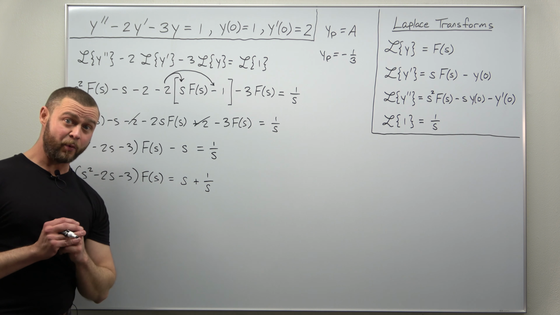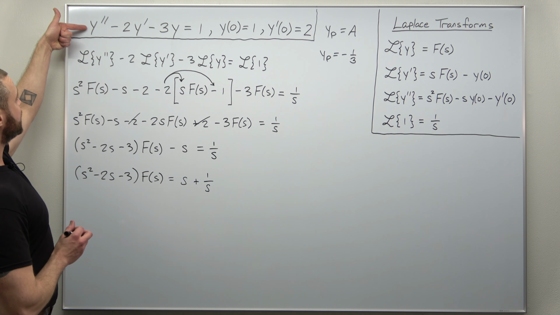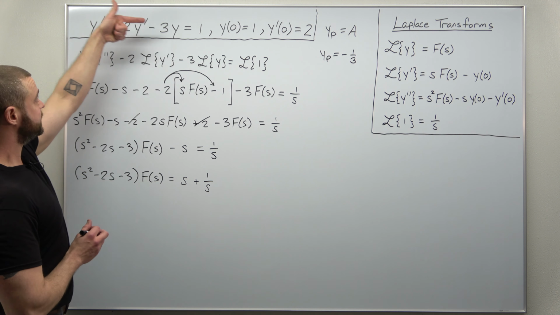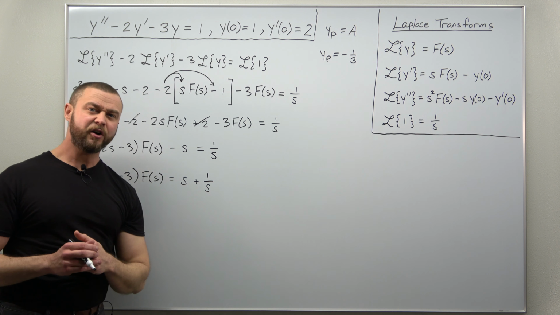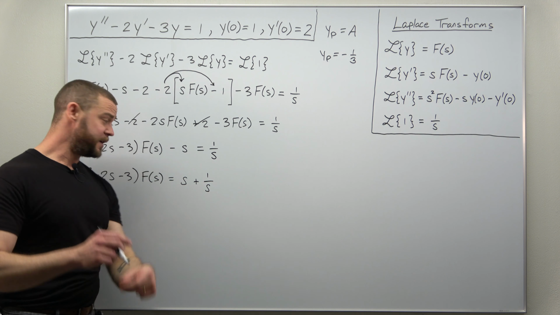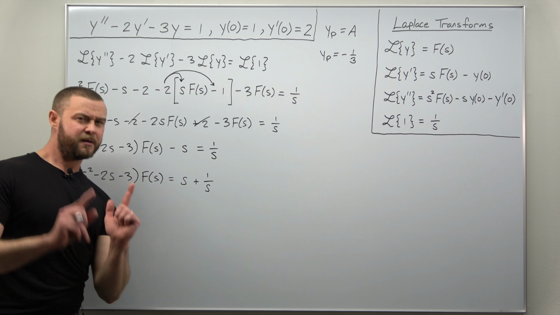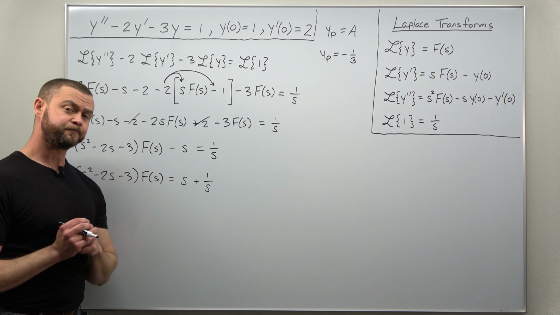And that's not a coincidence. So this should transform to s squared minus 2s minus 3. Earlier, you would have used the characteristic equation with r as the variable, but now it comes out to s. There is a connection, but we'll save that for another video.